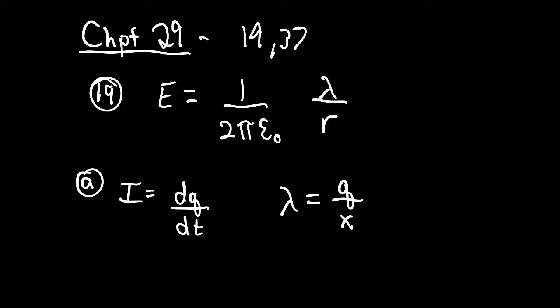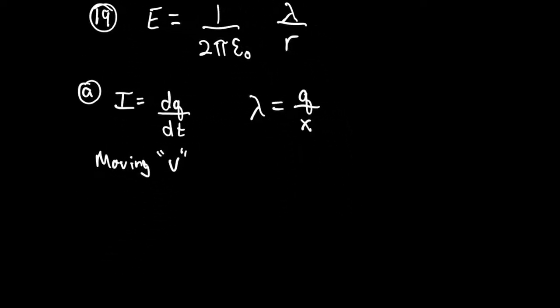So I can take this equation I have for current and put it in terms of the linear charge density I was given, so I need to rewrite this dq in terms of lambda. One other thing they gave us, it's moving at a velocity v. So that's the speed.